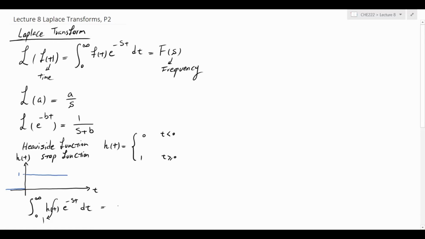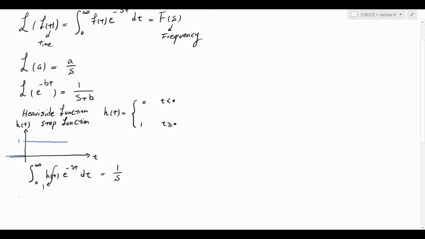We've already calculated the Laplace transform of a constant function a, which is a over s. So in this case the answer will be 1 over s. So the Laplace transform of a step function or Heaviside function is 1 over s.